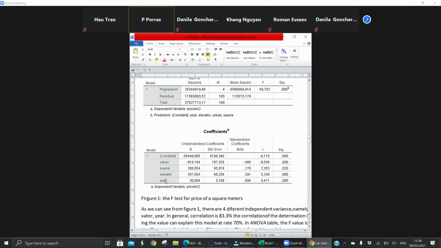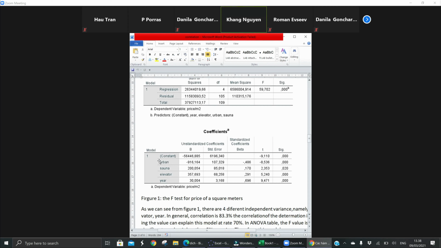Year is allowed. But urban, sauna and elevator, the first three, check that the only values those variables have are 0 and 1. Otherwise, you are not allowed to use them.